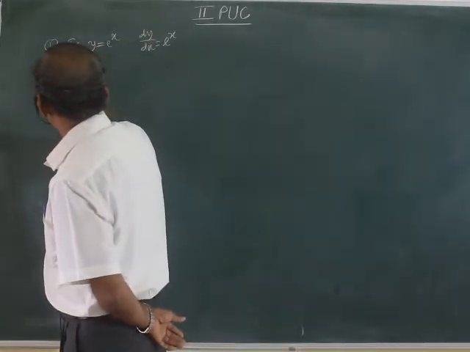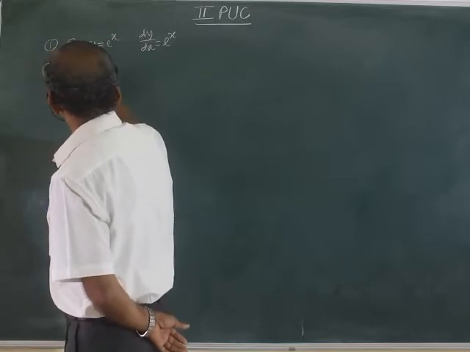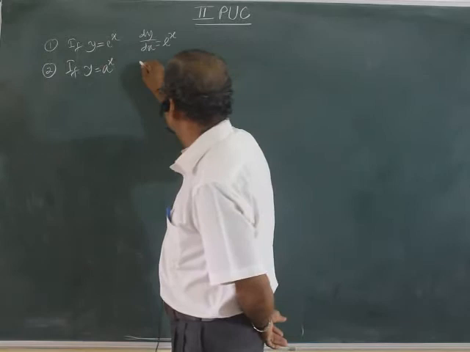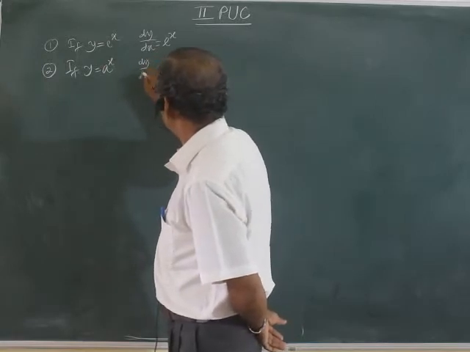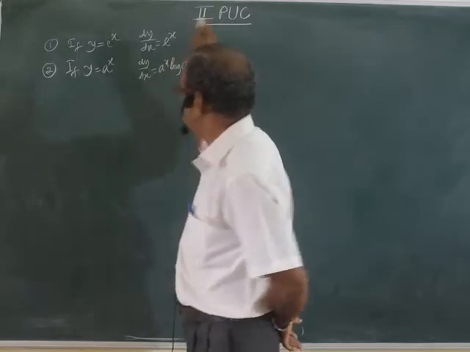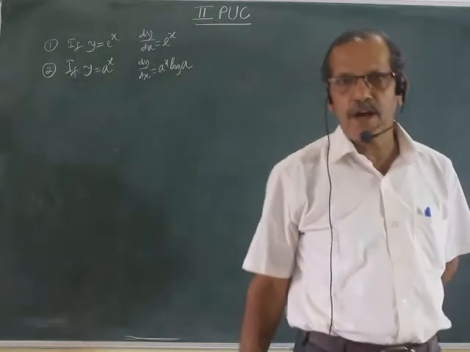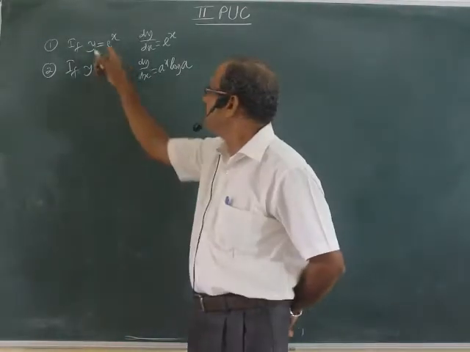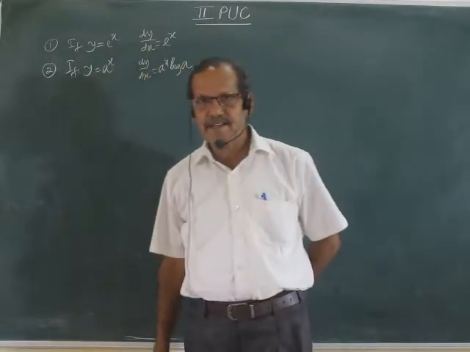And one more we have seen: y equal to any number a to the power x, then dy by dx will be a to the power x into log a. Two results we have seen in the last class. We derived the formula also, how to obtain that.